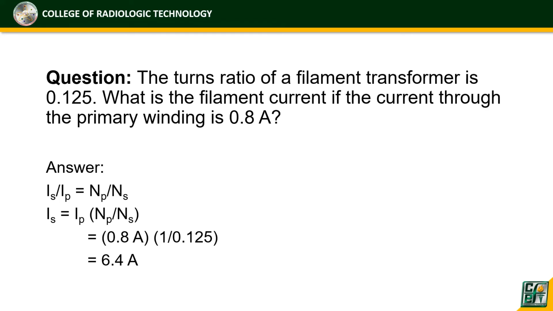So substitution: 0.8 ampere times 1 divided by 0.125, because this is the turns ratio. Then the answer is 6.4 ampere.